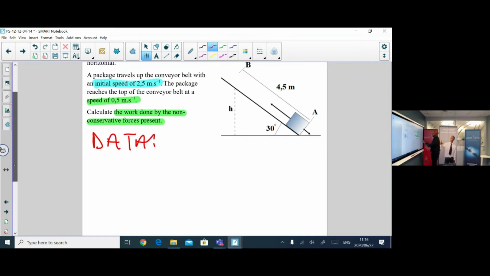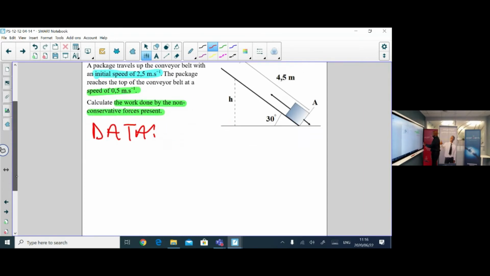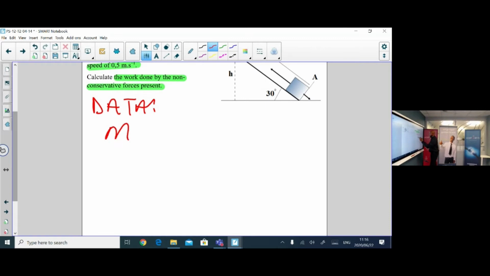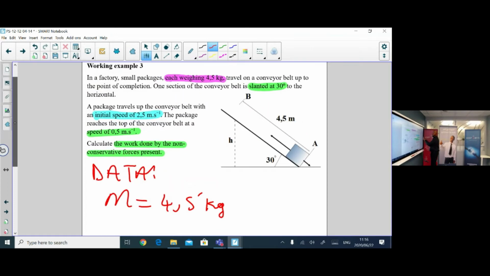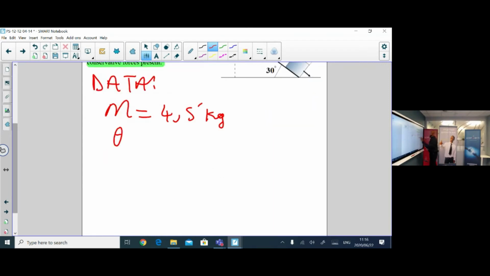What is given? We have a mass of each equal to 4.5 kilogram. And what else? We have theta equal to 30 degrees.